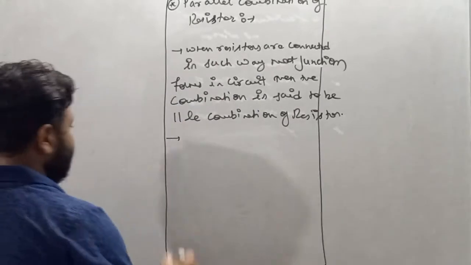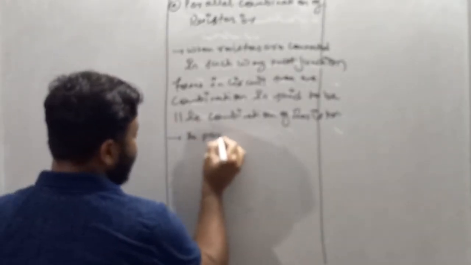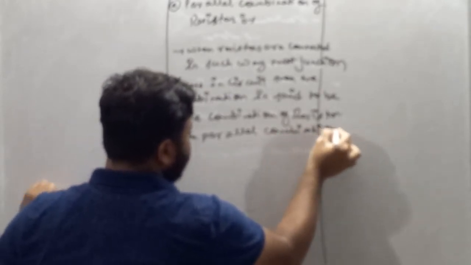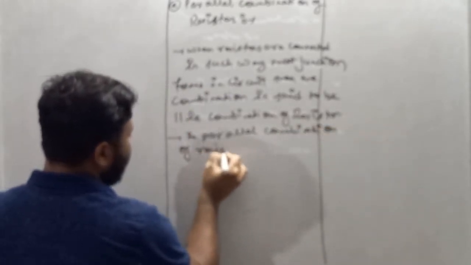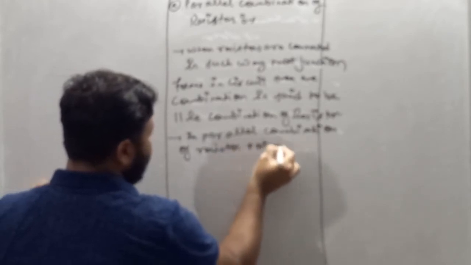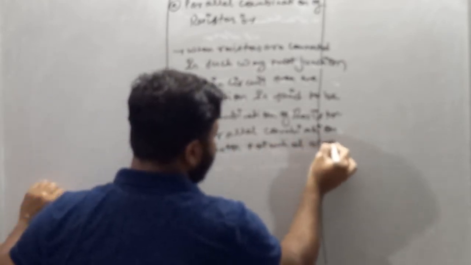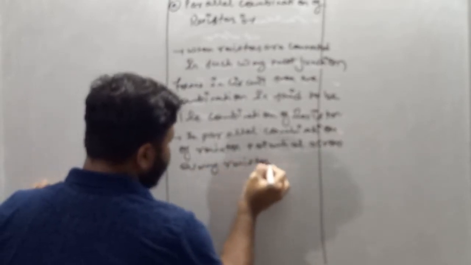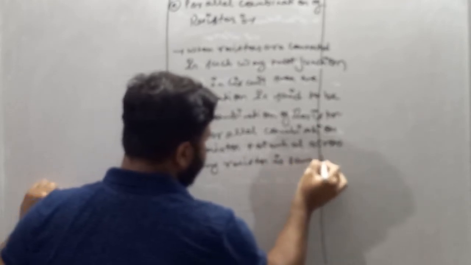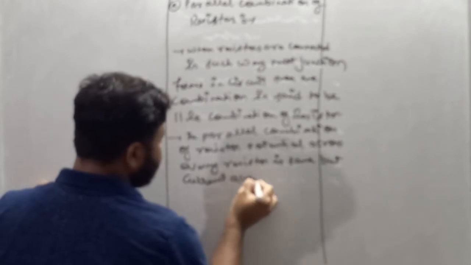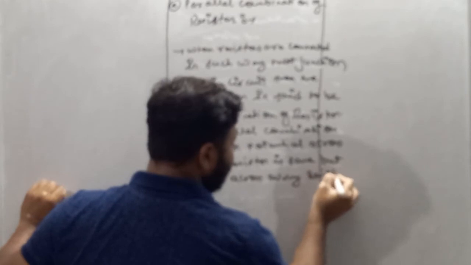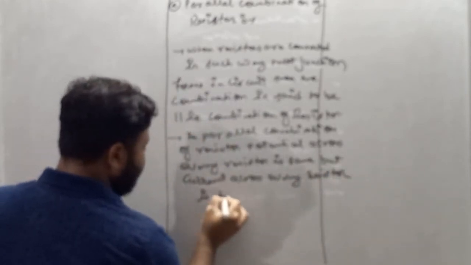So we'll write here: in parallel combination of resistors, the potential across every resistor is the same, but the current across every resistor is different.